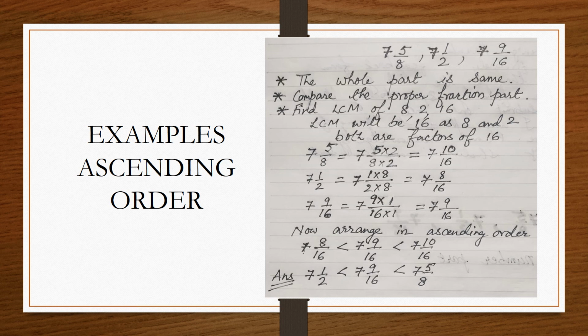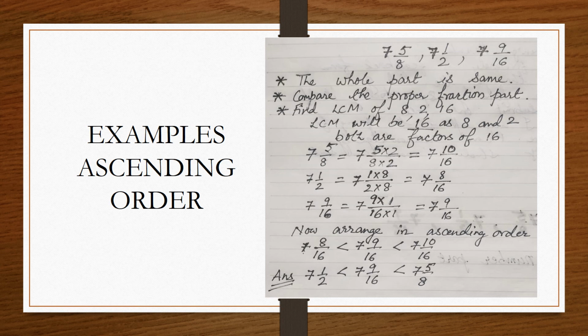So it becomes 7, 10 by 16. 7, 1 by 2: now 2 you have to multiply by 8 to get 16, so 1 into 8, 2 into 8, so 7, 8 by 16. Now the next fraction is 7, 9 by 16. 16 you just multiply with 1, so 9 also you multiply with 1, so 9 into 1 and 16 into 1. So it stays 7, 9 by 16.